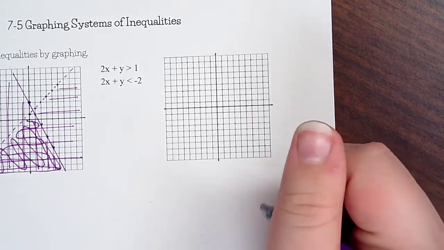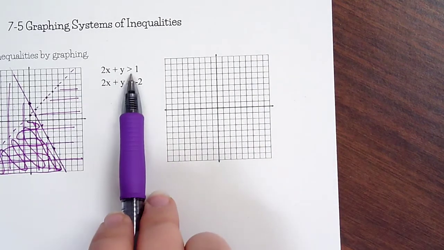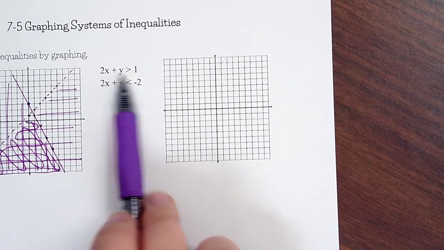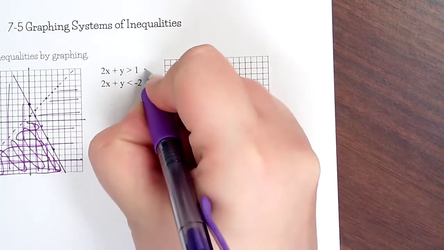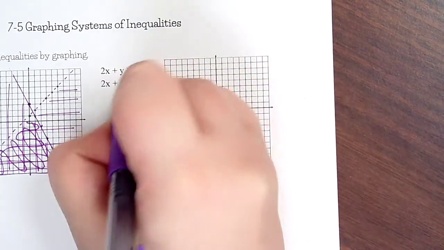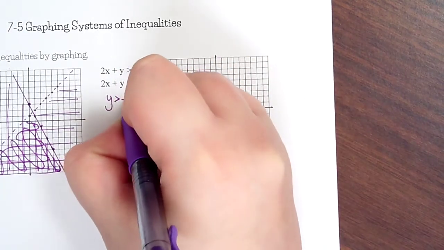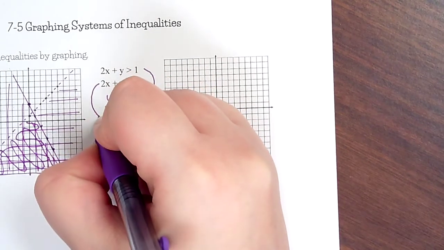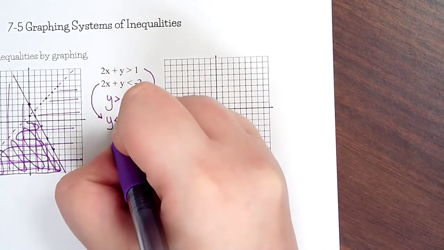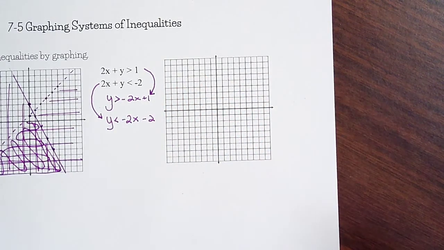This one, unless you're going to use the x coordinate and the y coordinate, the two intercepts, you have to solve these both first for y. I personally think that's a little bit easier, so it's what I'm going to do. I'm going to move that 2x to the other side, and then I'm going to solve this one down here and say y is less than negative 2x minus 2.